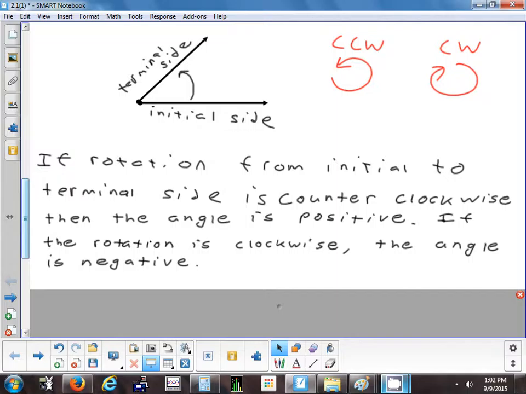I'll bring up a program that lets me draw angles. I'll sketch some counterclockwise, and then I'll do some clockwise, and you'll see the difference in how the program measures the angle, whether it's positive or negative. So let's start with the positive. If I go counterclockwise, I'm going to get a positive angle.